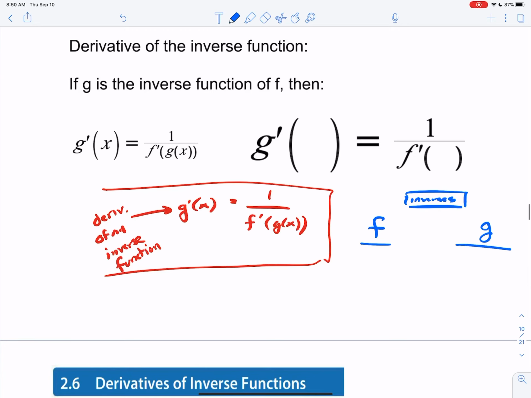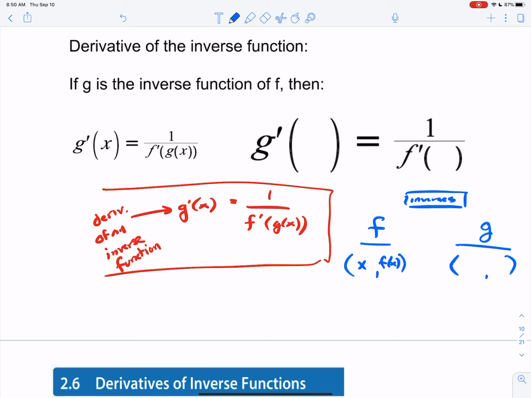And what you do is you plot an empty point. Okay? So here's the thing. If this is x comma f of x, okay, then this is the inverse, right?